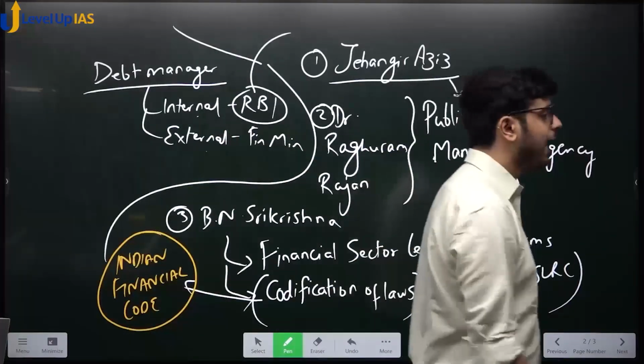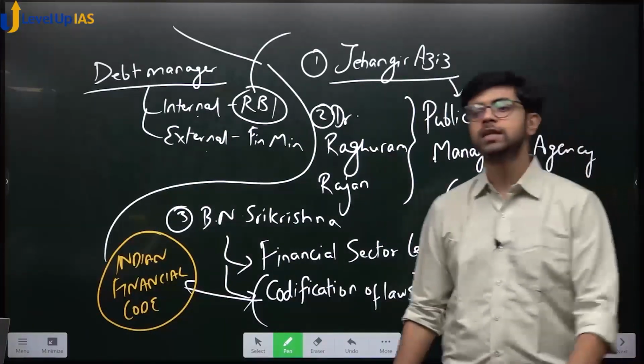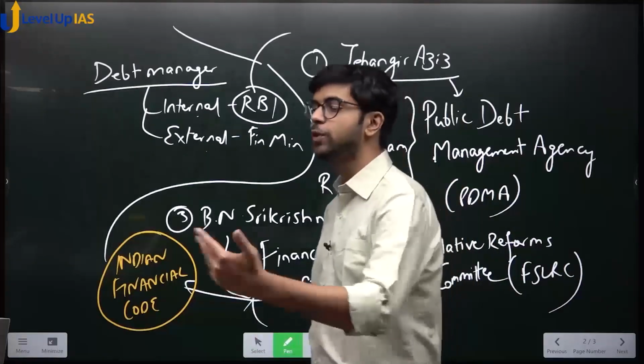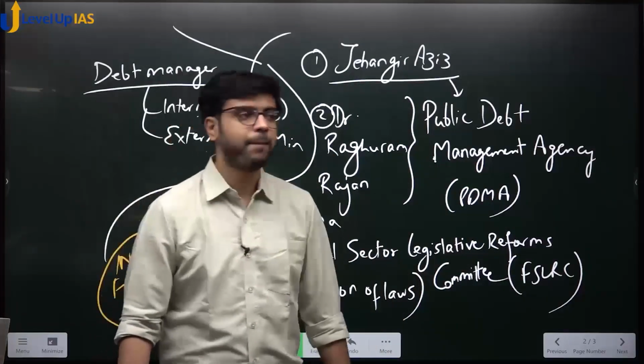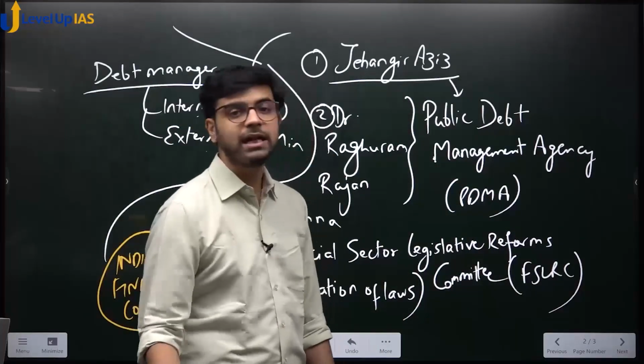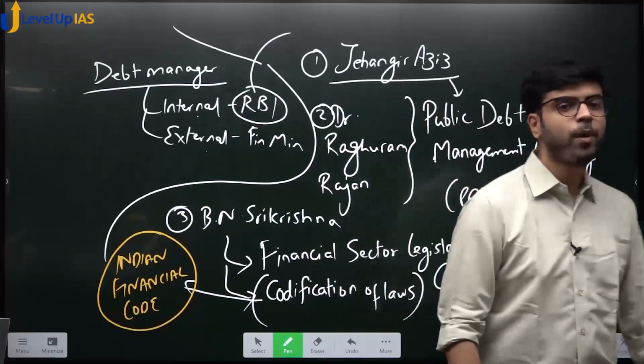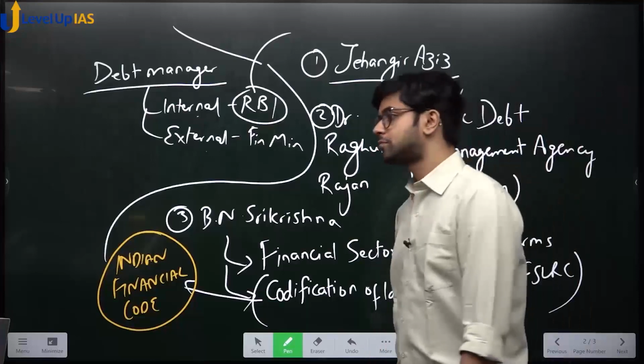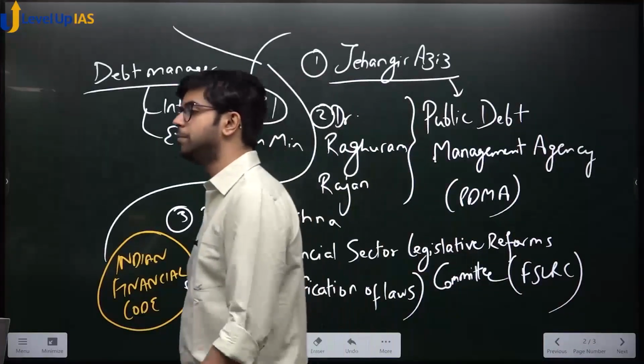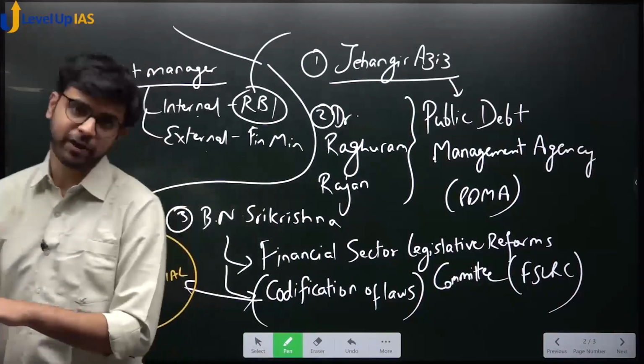So I told you that if RBI wants to reduce money supply, what will happen? If RBI wants to increase money supply, what will happen? If RBI wants to keep extra money as reserves, what can be done? Increase rate, decrease rate. We have only talked about the rates aspect of it.